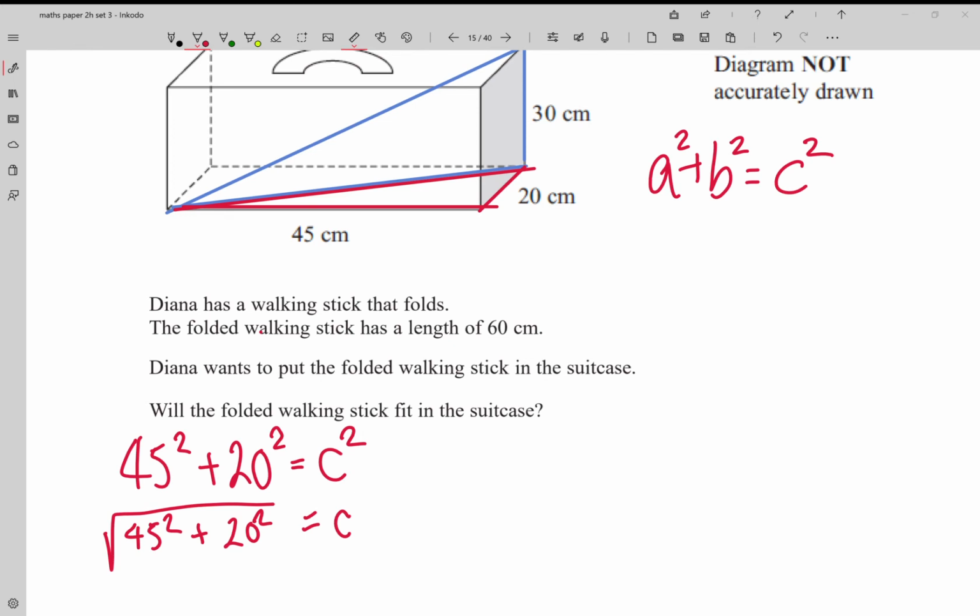You should get a value of 54.08. So c is 54.08. So I'll just put that one away.